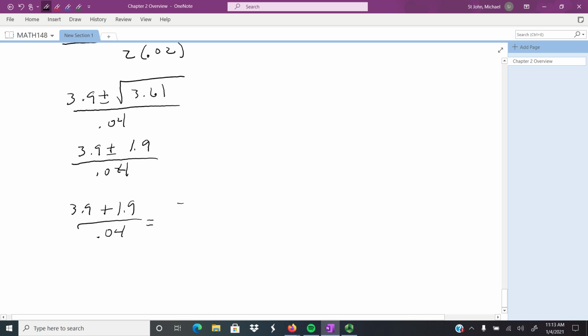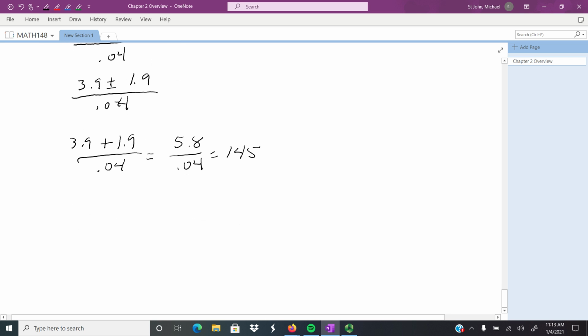So this is going to be 5.8 divided by 0.04, which is going to give us 145. And then the other answer would be 3.9 minus 1.9 over 0.04. So this is going to be 2 divided by 0.04. And this will give us 50.